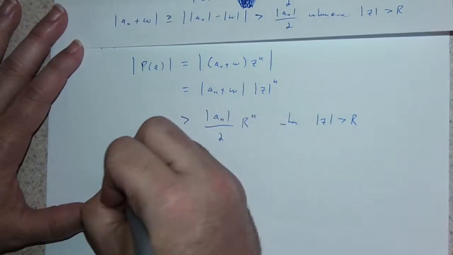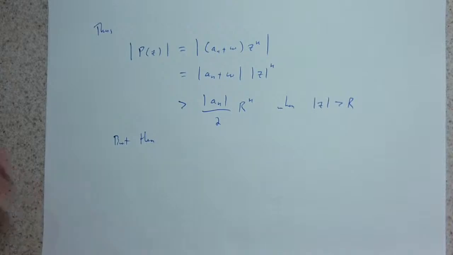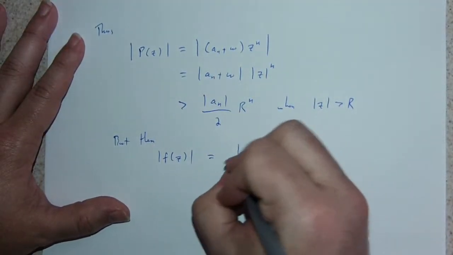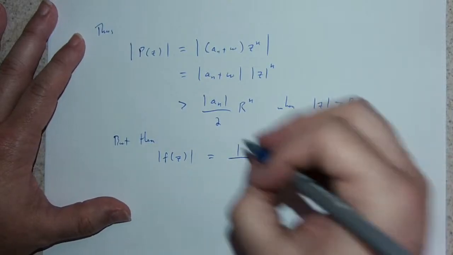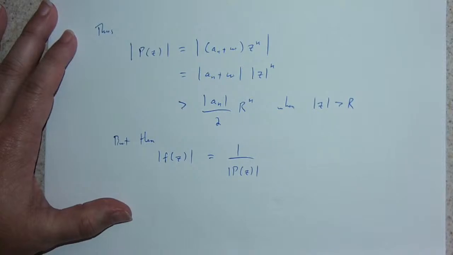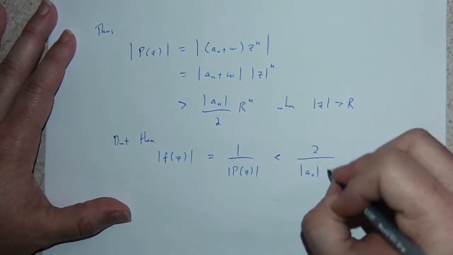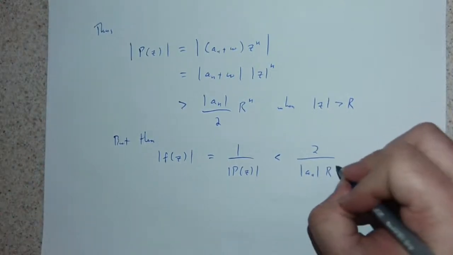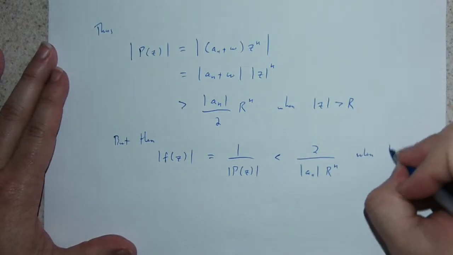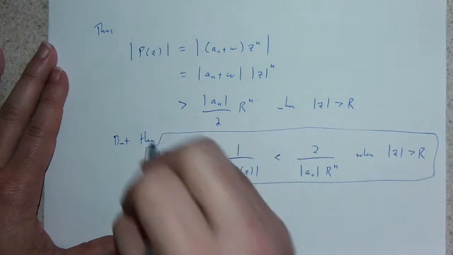But then if I look at the modulus of f of z, this is 1 over the modulus of p of z, which is strictly less than 2 over the modulus of a sub n times R to the n, whenever the modulus of z is greater than R. So it's bounded outside the circle.